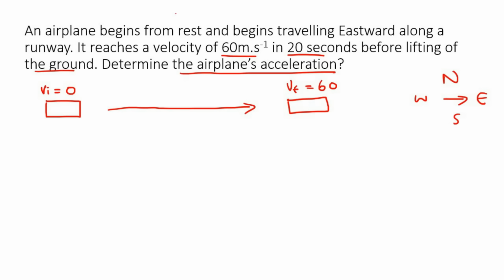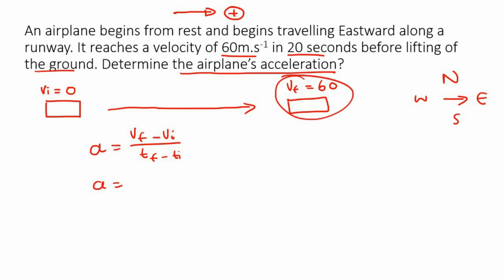So I'm going to choose to the right or to the east as positive. It just makes the calculations a little bit faster. And because then you don't get a negative answer in most times. Okay, so then vf minus vi over t. Okay, so your final velocity is 60, but always make sure if it's negative or positive. Well, we chose east as positive.